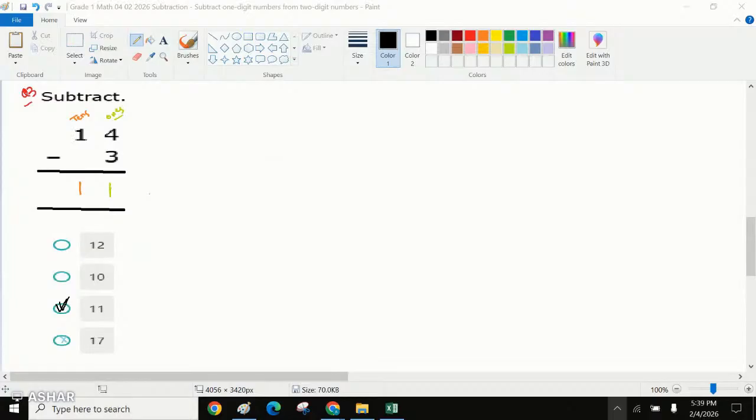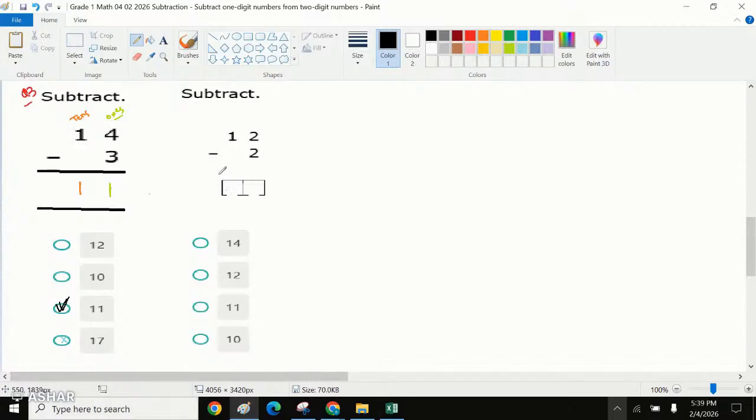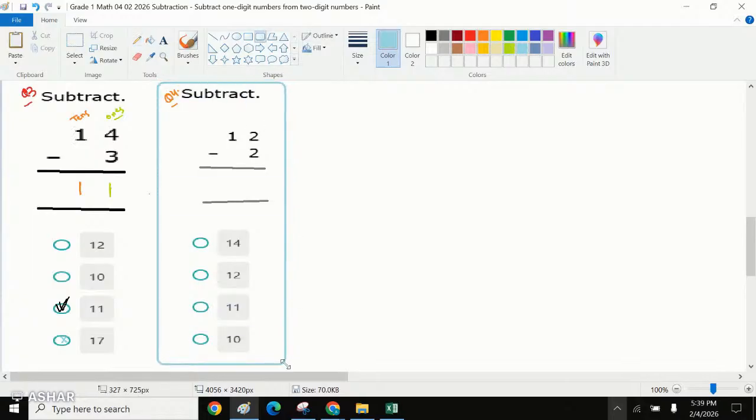The next question says, subtract 12 minus 2. Okay. If we need to find what is 12 minus 2, what should be 12 minus 2? This is a test, therefore, yes. Thank you, May.